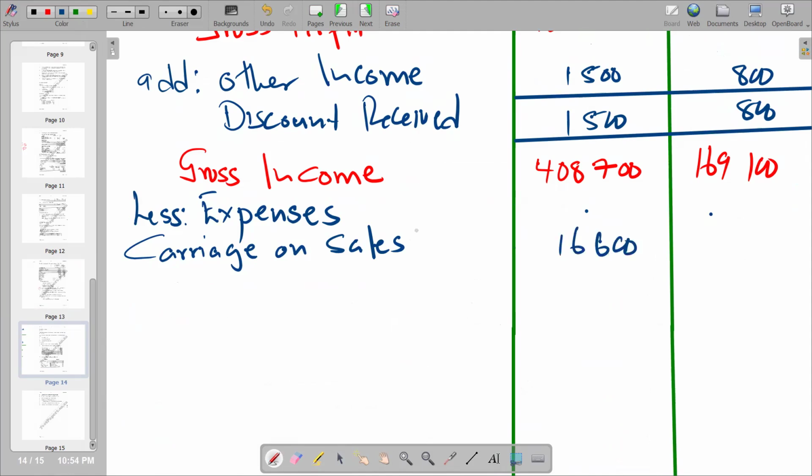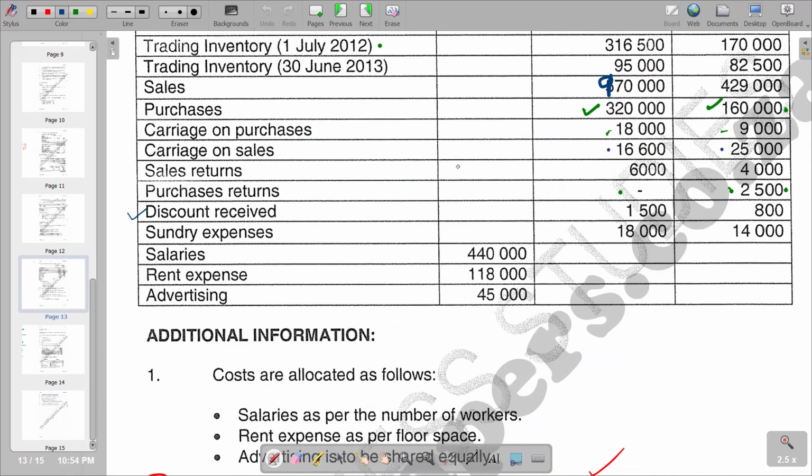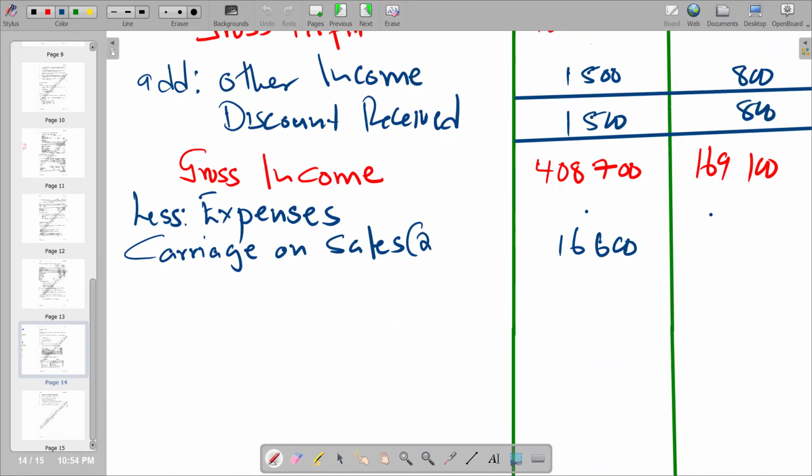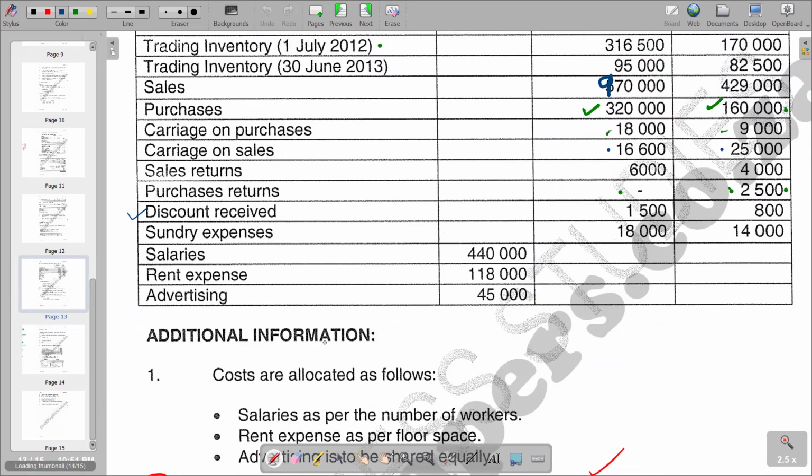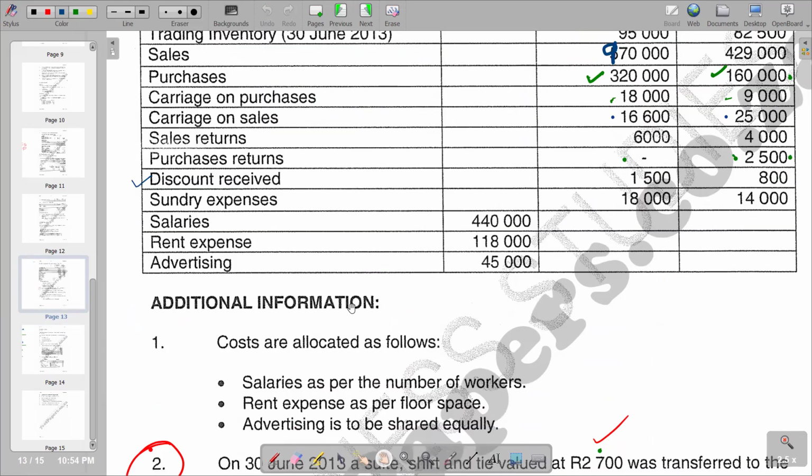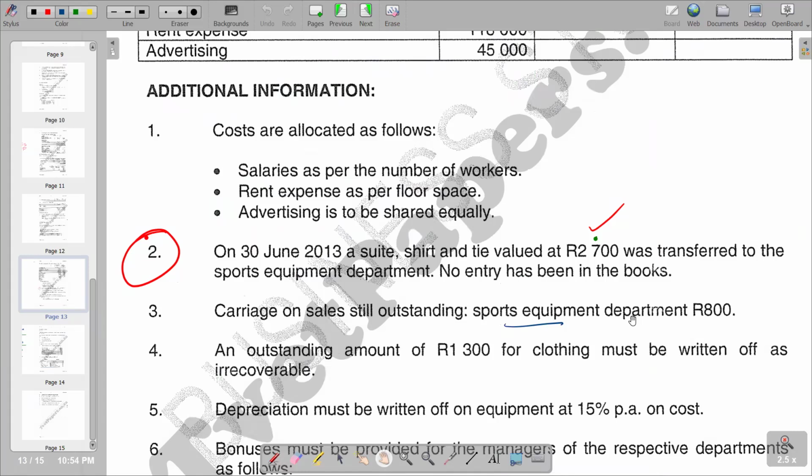But for the second column, we are supposed to add, whereby we say the carriage on sales that we are given is 25,000 plus the one that is outstanding, 800. So we are supposed to add our 800.